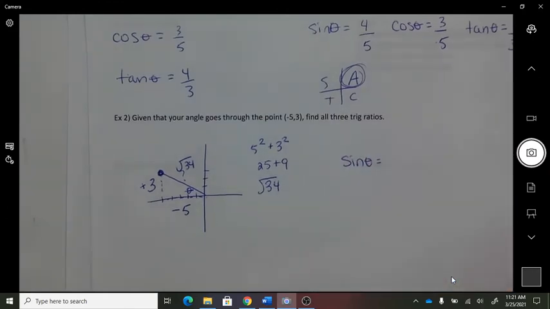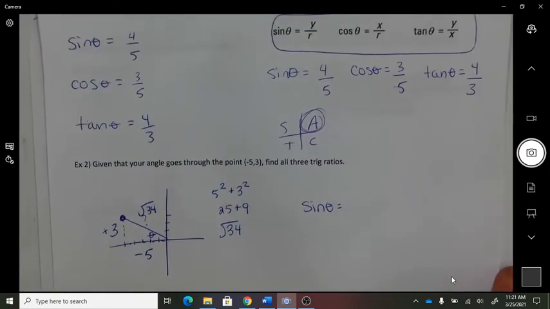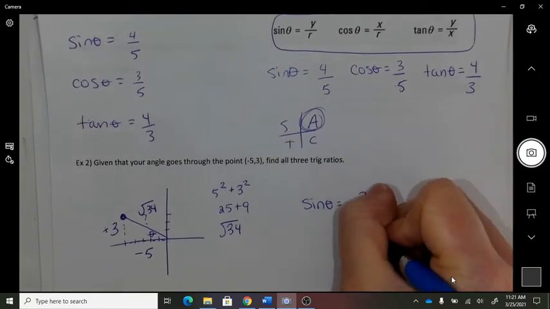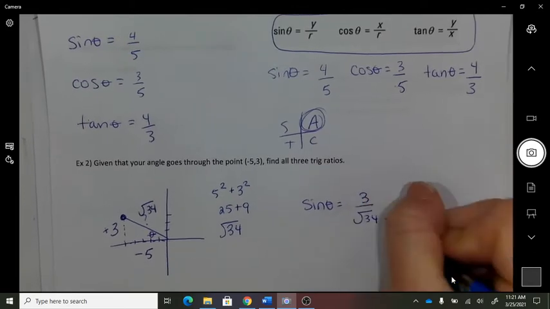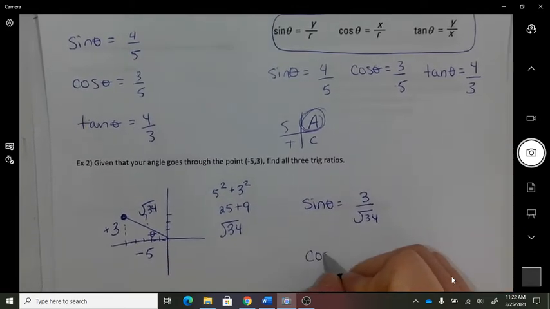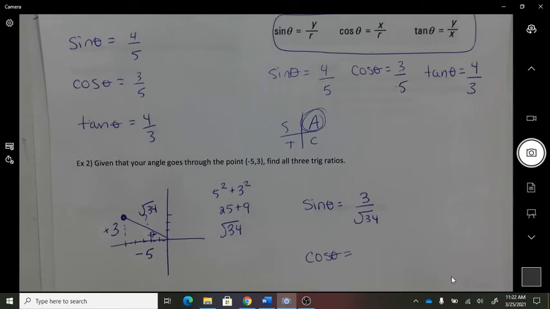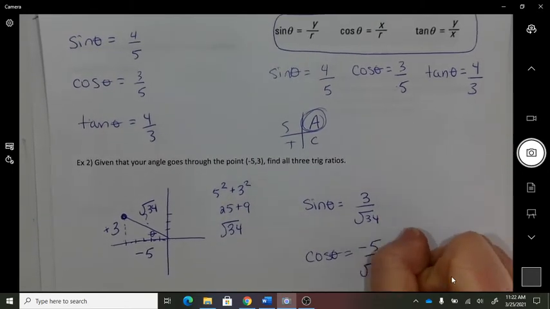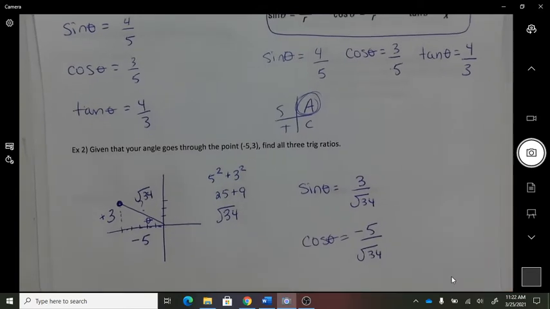So I'm going to use my formulas from above. I'm going to go y divided by r for sine, so 3 divided by root 34. For cos, the x, negative 5 over the r, root 34.